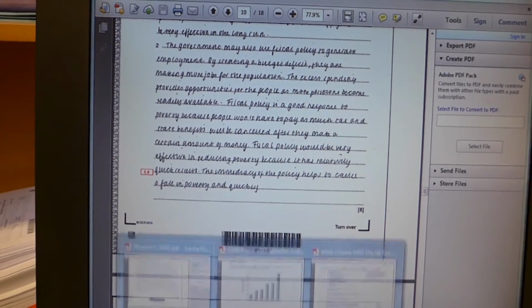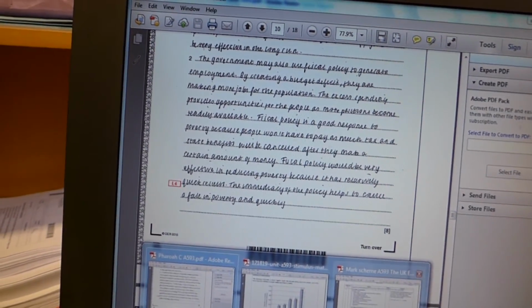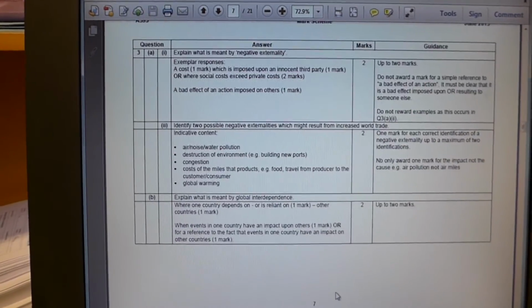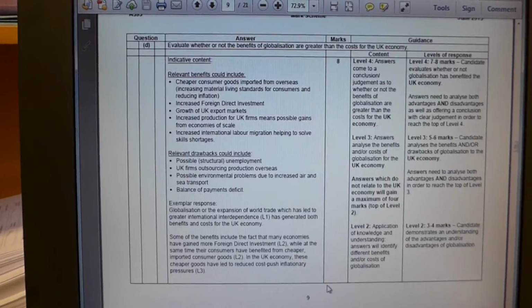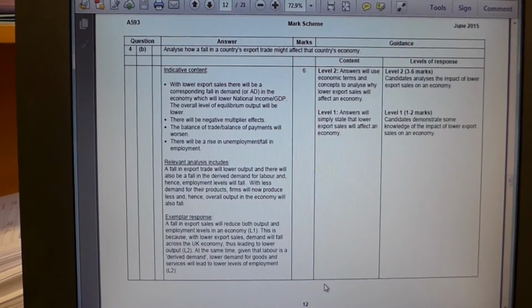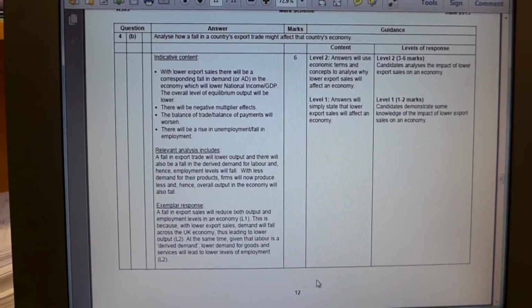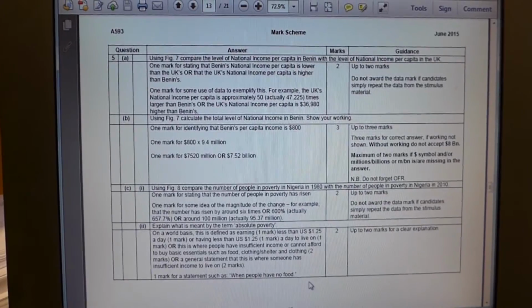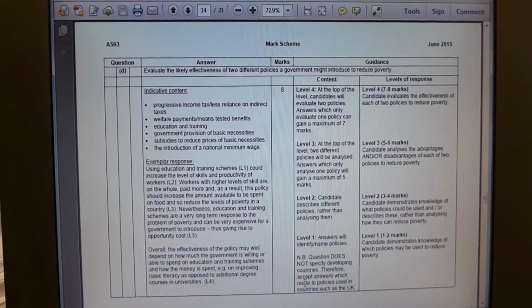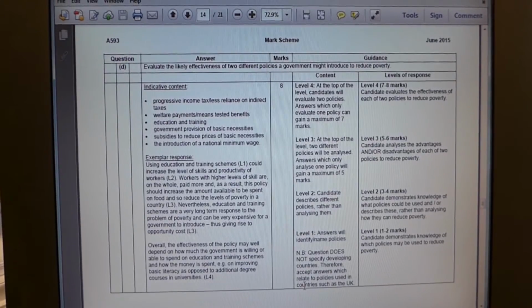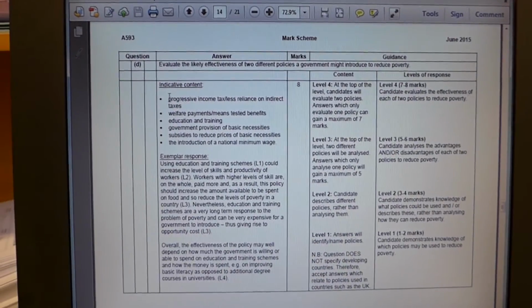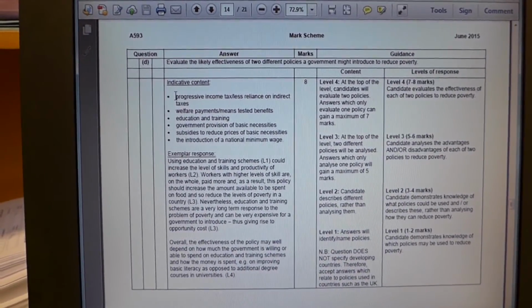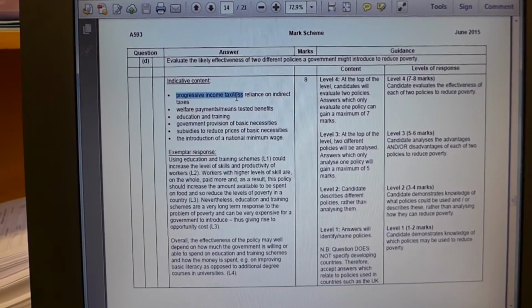Now the mark scheme identifies a number of policies which you could refer to, and the mark scheme identifies the following. Let's get it in front of us. 5D. So you could identify the use of progressive income taxes.